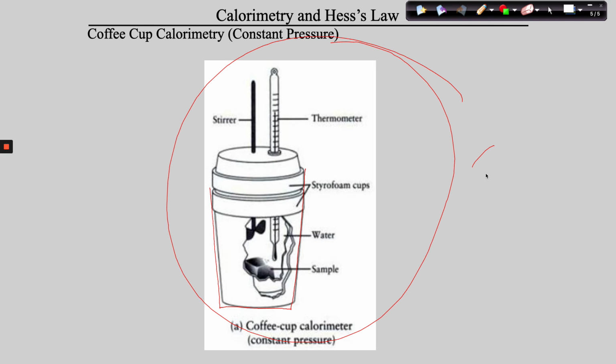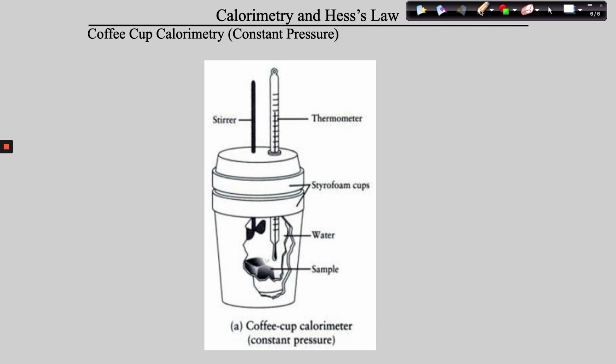We understand that our surroundings is everything else, right? But guys, that is unmanageable. Again, it is unmanageable for our surroundings to be the universe. So this is what we do in coffee cup calorimetry. We say that this and the lid are an impenetrable barrier.